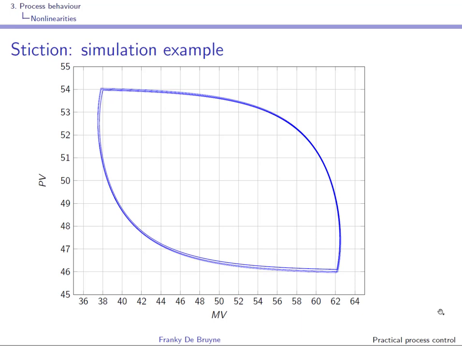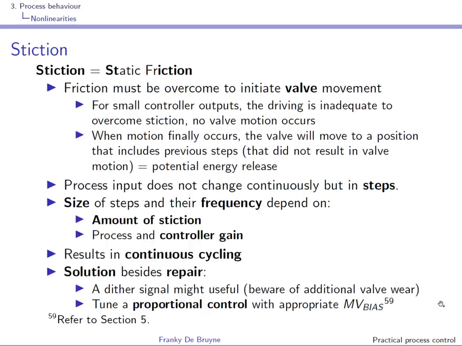This type of behavior is of course simulated, but you will have a very similar behavior on an actual process with stiction. Stiction stands for static friction, right? And the problem is that the friction must first be overcome to initiate a valve movement.